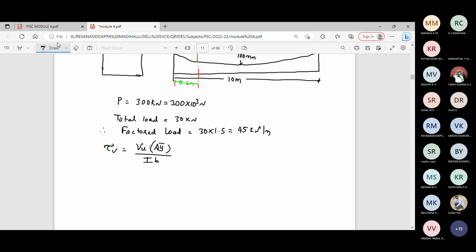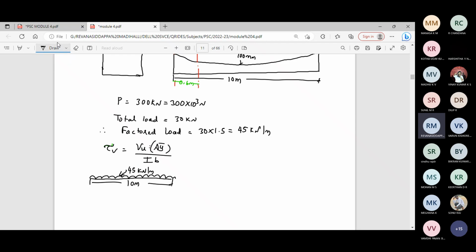Now, first you find the reaction at the supports. Total load that is acting on the beam is 45 kilonewton per meter, acting over a length of 10 meter.